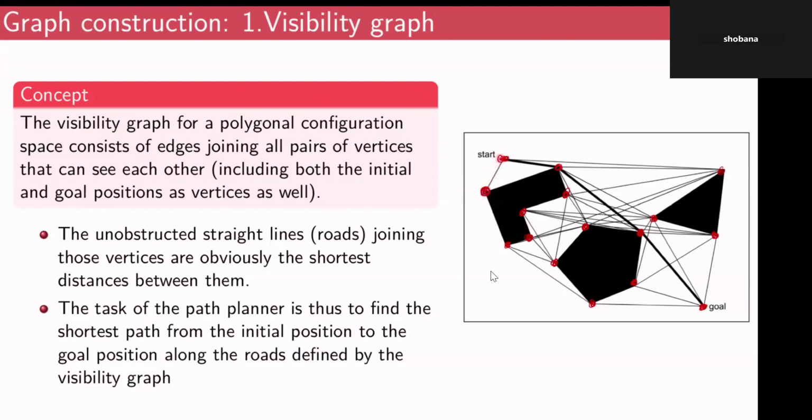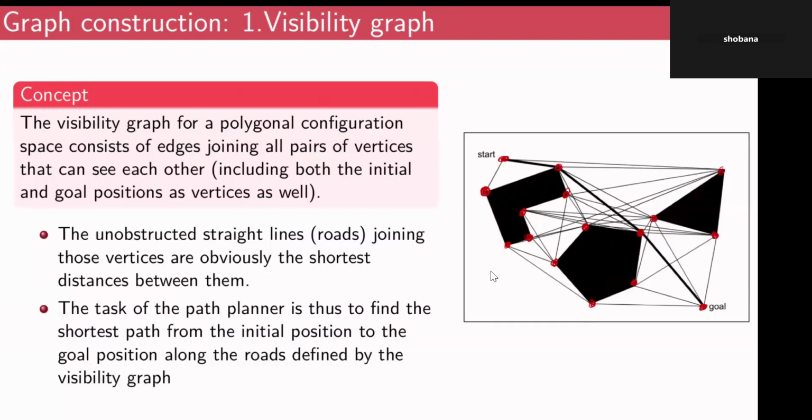And same goes for this node and this node. They are directly in line of sight. But what about this node and this node? Right? They are not directly in line of sight, because there is an obstacle in between. So if a person is standing here and a person is standing there, they cannot see each other, right? Because of this obstacle. And same goes for this node and this node. They are not in line of sight because there are two obstacles obstructing the field of view.